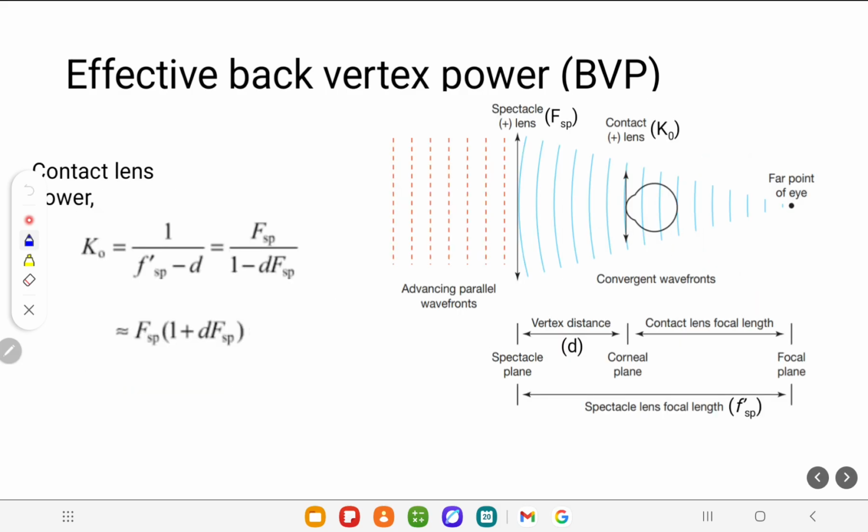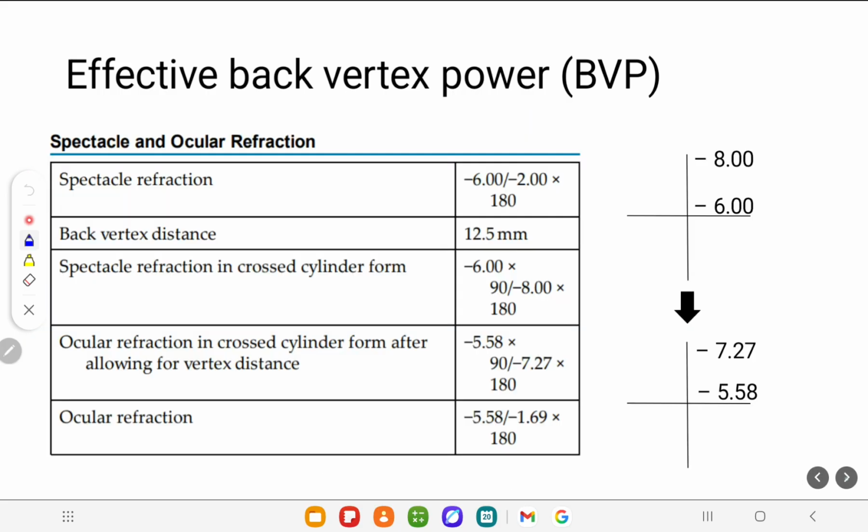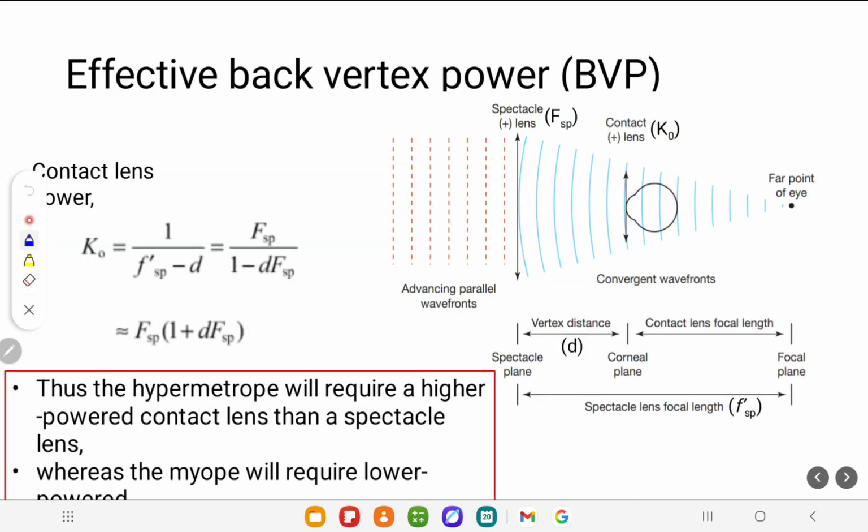See, this is the concept. Suppose for plus or minus there is a difference. Yes, so for plus, let's take an example of plus. The spectacle is here, and the distance between the spectacle and contact lens is this.